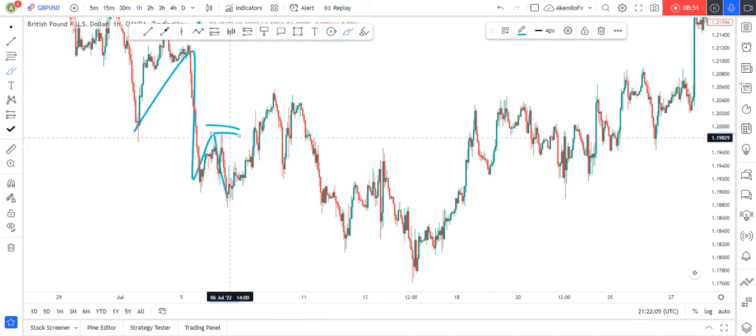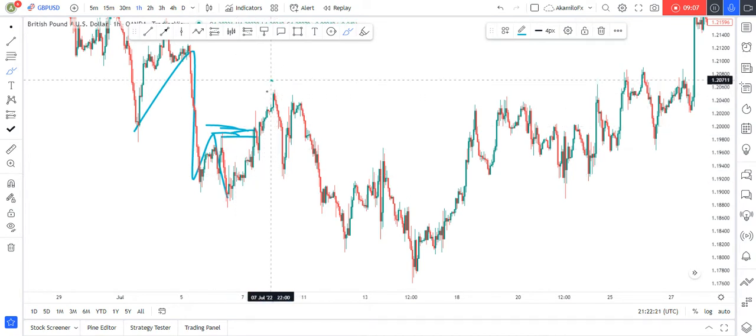So many traders will be induced here, and then they'll be looking to sell at this level. Price will then take them off, induce them, and then create a lower high.